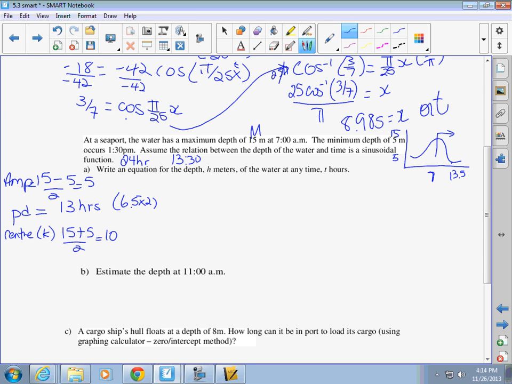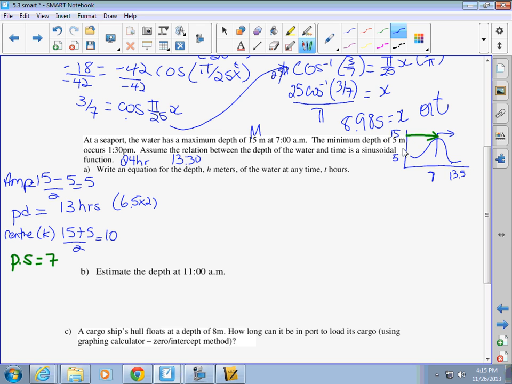And our phase shift, where we are starting, from the maximum at 7 a.m. to the minimum at 1:30, means that this is where we're going to start, on this side of it. So that's 7 hours where it started instead of at 0. So our phase shift then is 7.